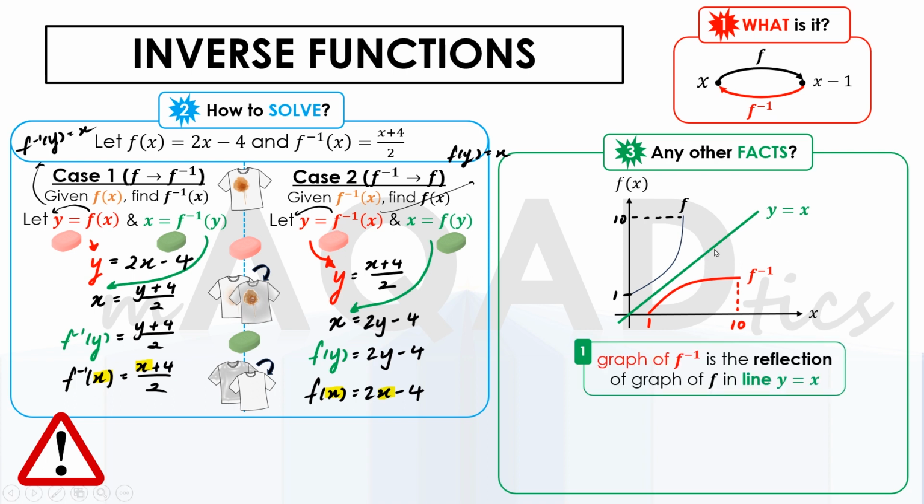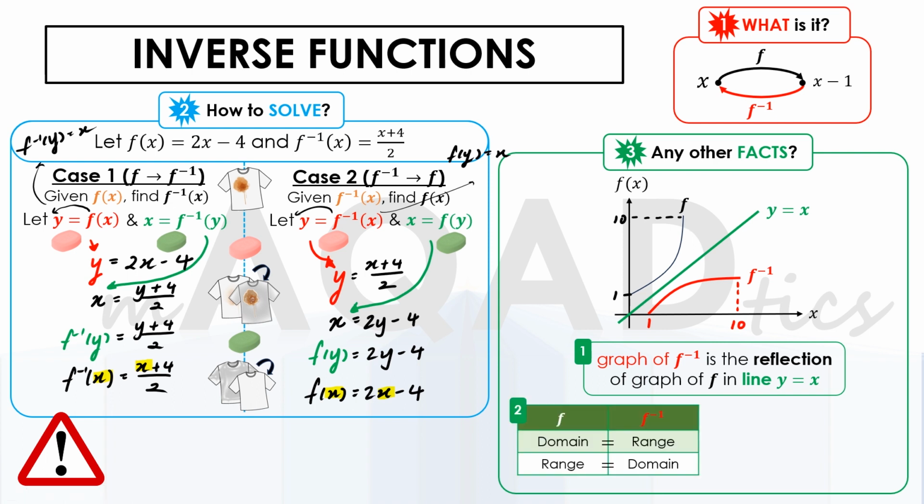Okay, so this means these two lines are the reflections of each other in the line y equals x. The image of f in this line would be this inverse line, and if I reflect the inverse line on this y equals x line, it will produce this f line.